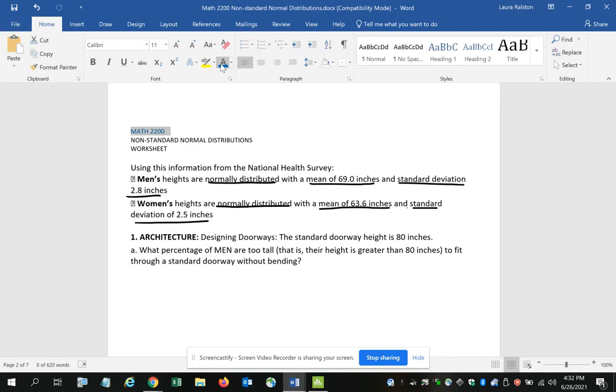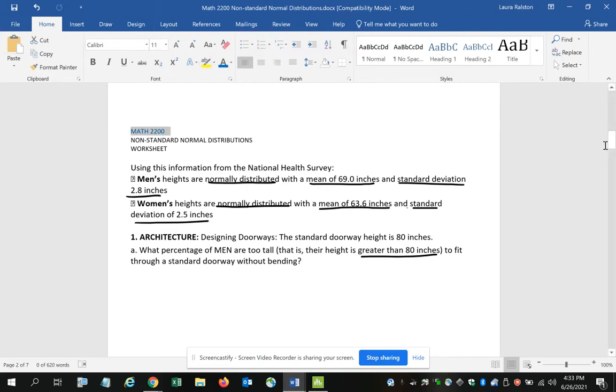In question 1, it says the standard doorway height is 80 inches. What percentage of men are too tall? That is, their height is greater than 80 inches to fit through a standard doorway without bending.